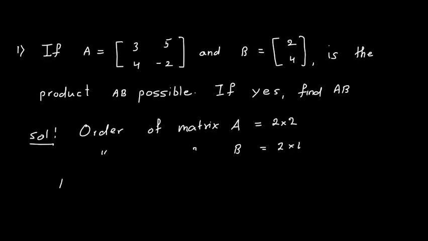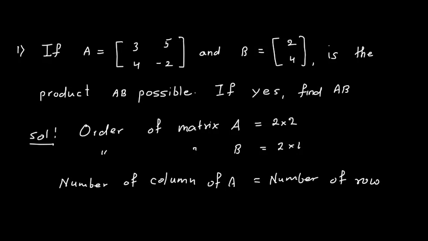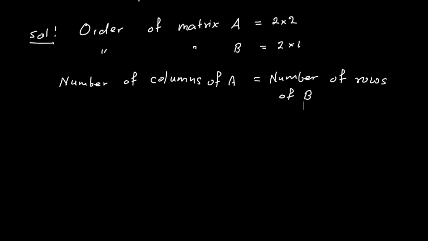So what we see is that the number of columns of A is equal to the number of rows of B. So if the number of columns of A is equal to the number of rows of B, then we say that AB is possible.